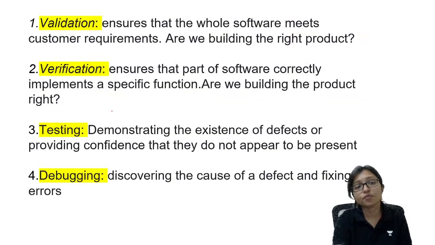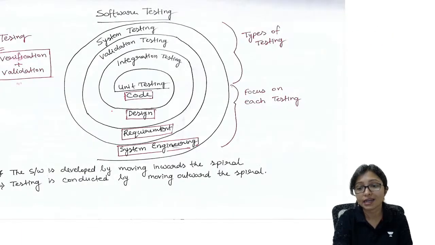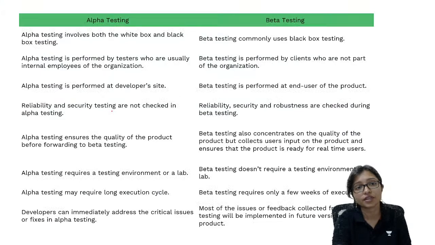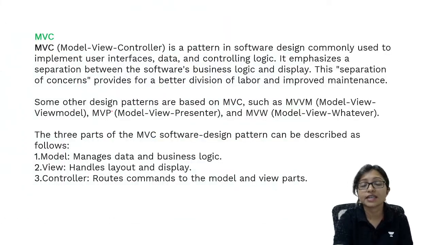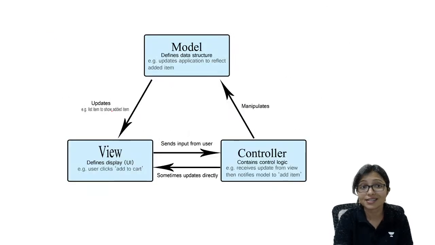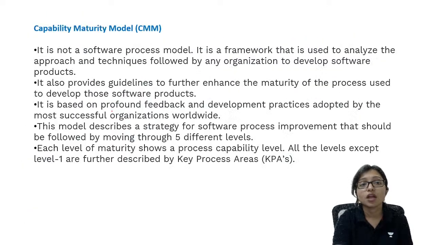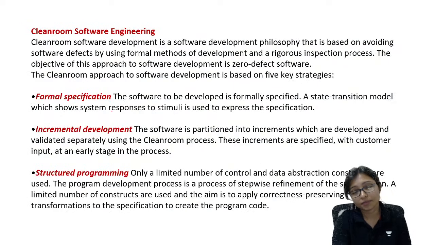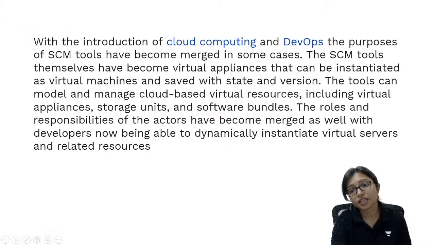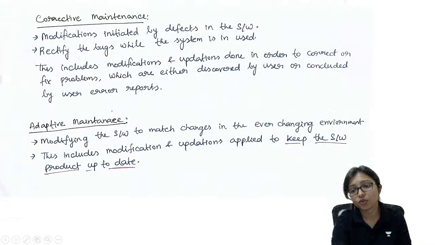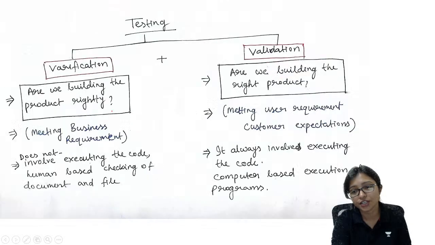And SCM, what is actually SCM. Under testing, the different types of testing. Then maintenance, the different types of maintenance. Re-engineering, reverse engineering, what is MVC, what is SCM. And the CMM model, all the CMM models also we will do. Clean room approach. Then all the theoretical topics from software engineering will be covered.